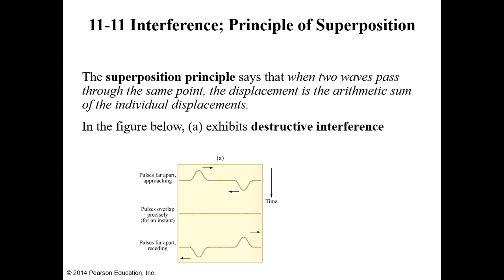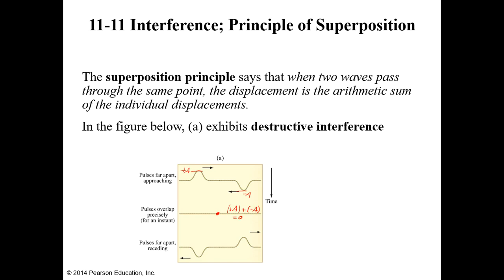Here's what I mean. Let's say that this pulse has an amplitude of plus A, and this pulse has an amplitude of minus A. Well, on this point here, it's going to have a displacement of plus A plus minus A. In other words, 0. So it has 0 displacement, therefore it doesn't move. There is no wave.